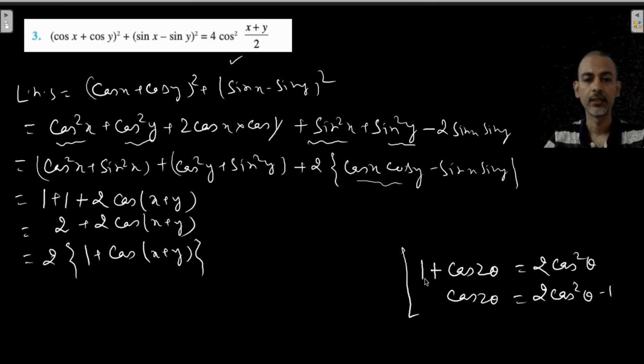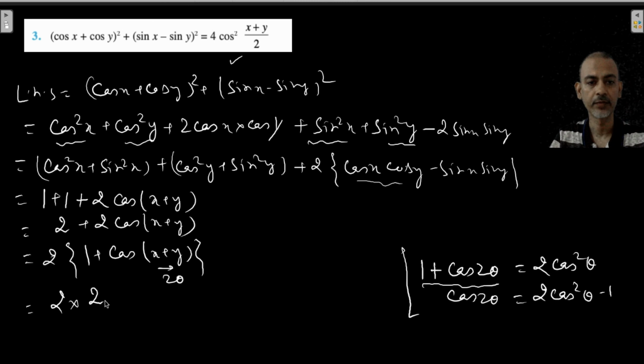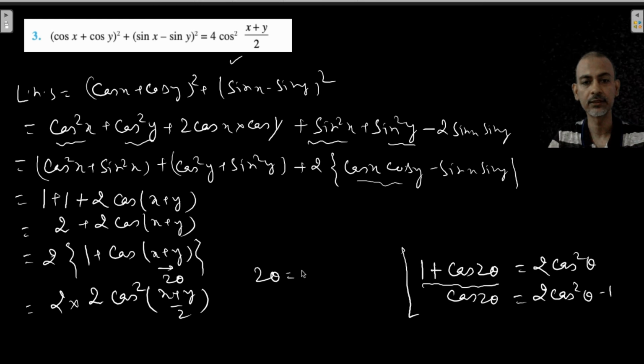If I treat this as 2 theta, then this expression has become 1 plus cos 2 theta, and then the expression will reduce to 2 times cos square (x + y) by 2. Because my 2 theta is x plus y, so my theta is going to be (x + y) by 2.